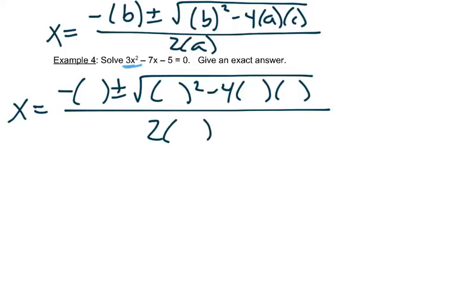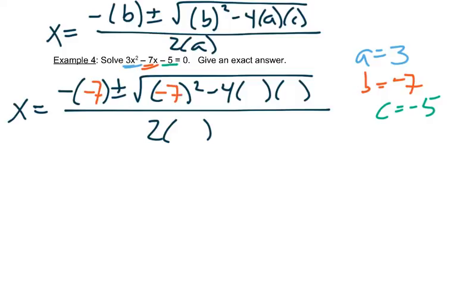So here A is 3, B is negative 7, and C is negative 5. So it starts with B. B goes in the first two parentheses. And then A goes in the top and in the bottom. And then C goes in this last spot.